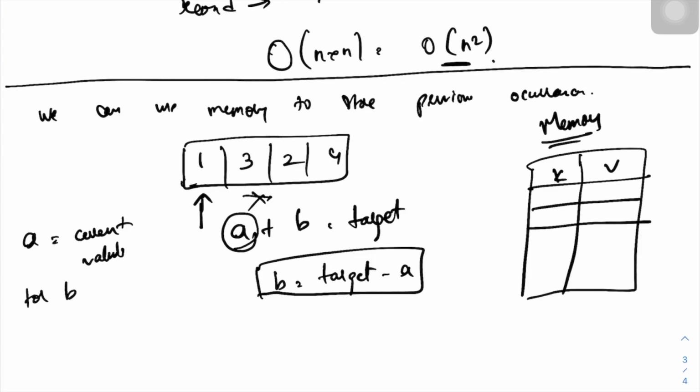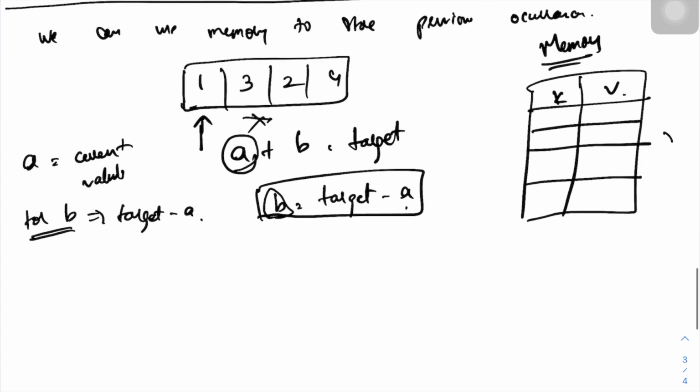Since b is target minus a, I will check for target minus a in my key value store. If I find that, then definitely I can find my indices. If it's not present in my key value store, then I can just increment my pointer.